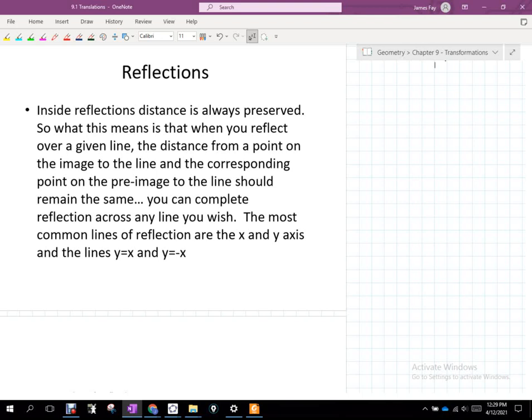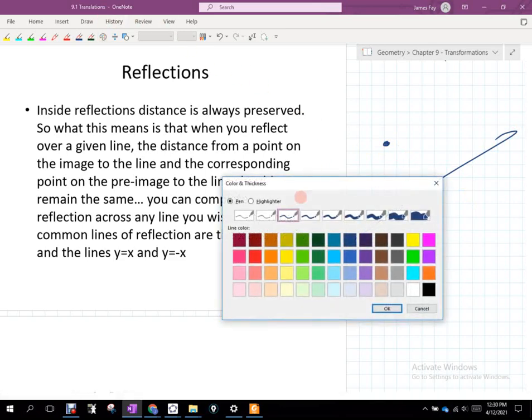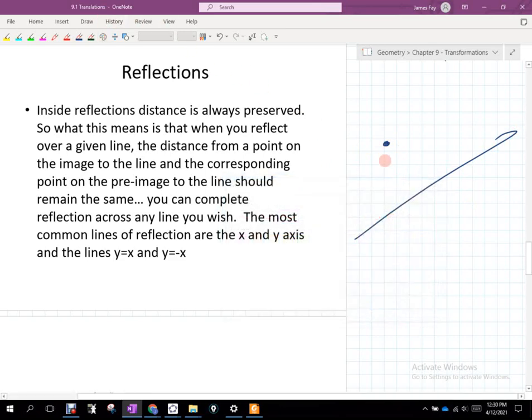Now, here's my question to you. How do I determine distance from a point to a line? If I want to reflect this point across that line, what distance do we use? Because that could be a distance to that line, right? Is that a distance to that line? Is that a distance to that line?